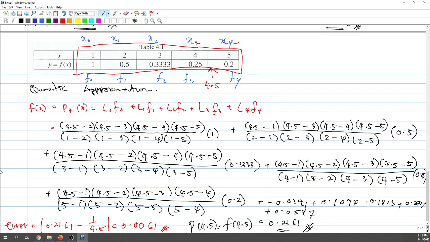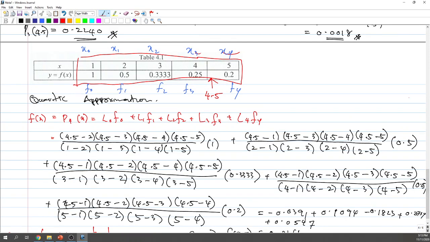Normally for research, you are required to find the best method, the one with the lowest error. So for now we are using 4 types of methods, and the best one to approximate the value of 4.5 is the one with the lowest error.